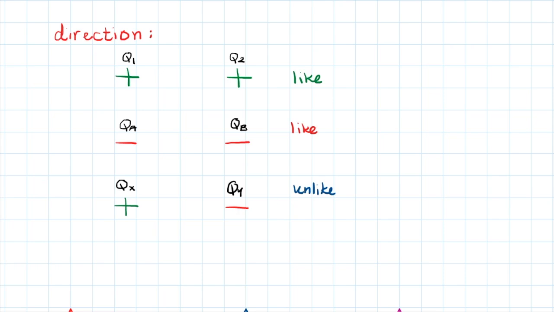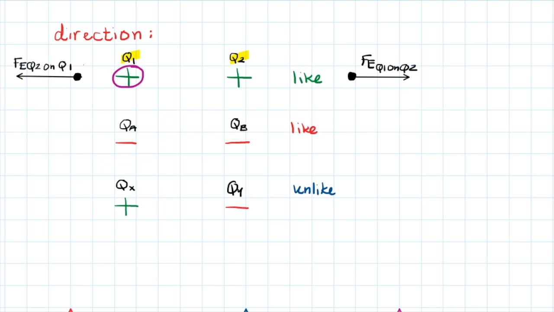If we look at the first situation, where we have two positive charges called Q1 and Q2, I can ask you to draw a free body diagram for either one of these charges indicating the direction of the electrostatic force. The free body diagrams will look something like this. If we make Q1 the focus and we say, in which direction does Q2 exert or apply an electrostatic force on Q1?